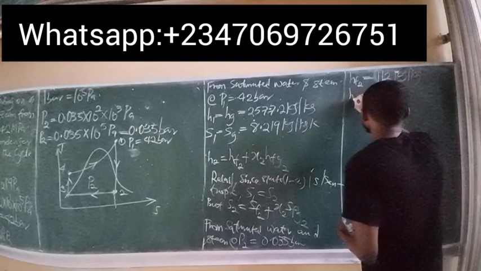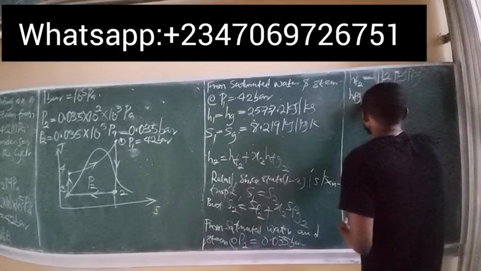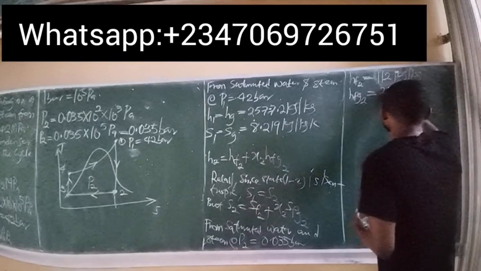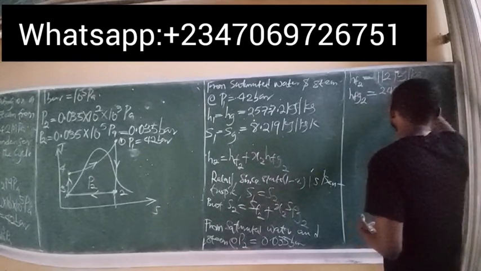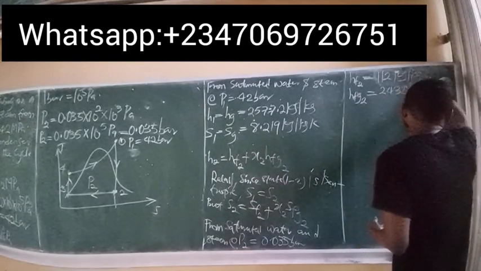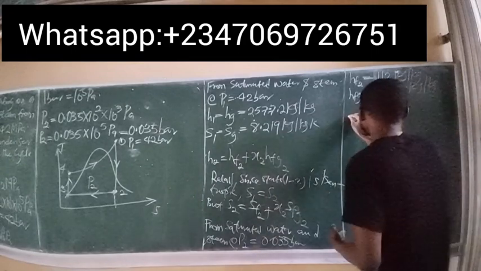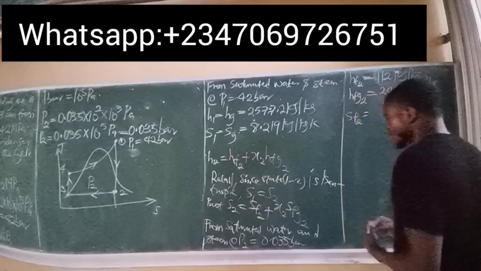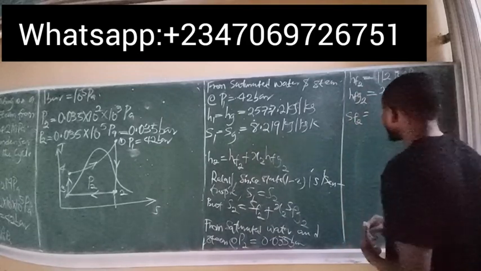So we'll find HFG, the middle one, HFG at state 2, 2438 kilojoules per kilogram. Also, we find SF2. So also under that same pressure, 0.035 bar. What is SF?